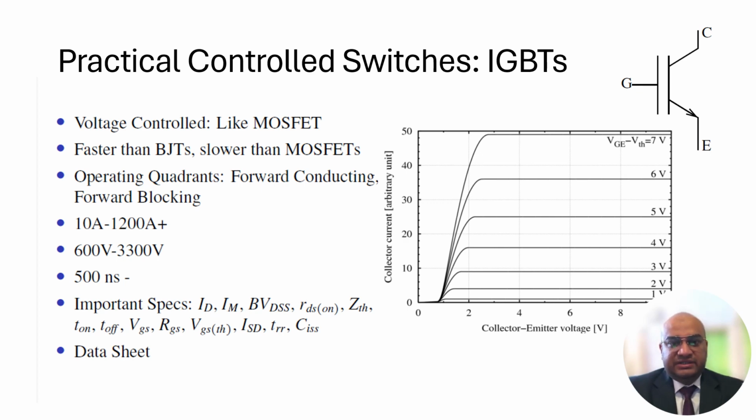The operating quadrants are forward conduction and forward blocking, with a range of 10 amperes to 1200 amperes and 600 volts to 3300 volts. The power requirement is high, and its switching speed is better than BJTs but slower than MOSFETs. Up to 500 nanoseconds, it's well and good.